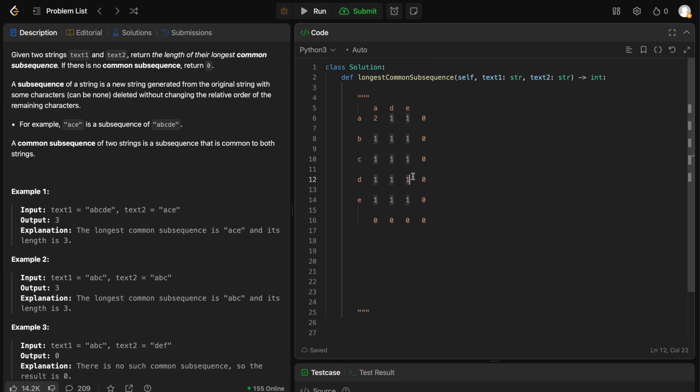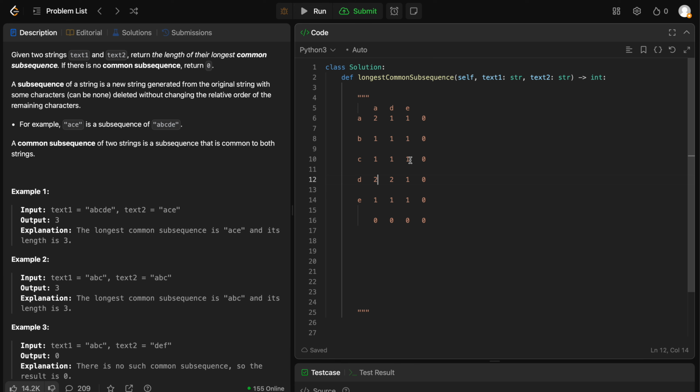Then we come to this row. We have D. D and E are not the same, so we put the maximum from here and here, that's 1. D and D are the same, so it's this one plus 1, so it's 2. D and A are not the same, so it's the maximum from these two. But if they were the same, we would again have 1 plus diagonal. Okay, so we go to the next row.